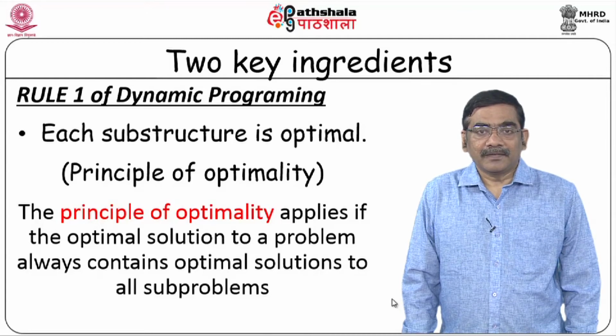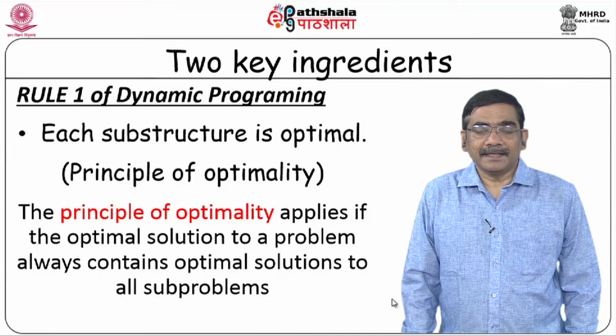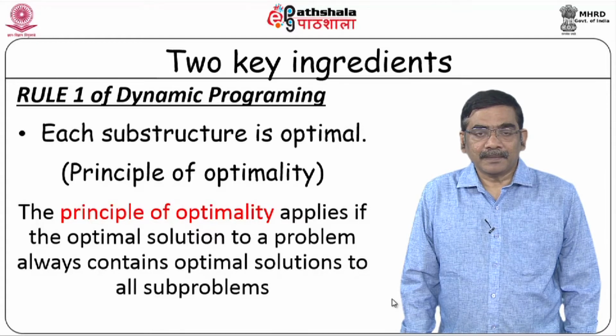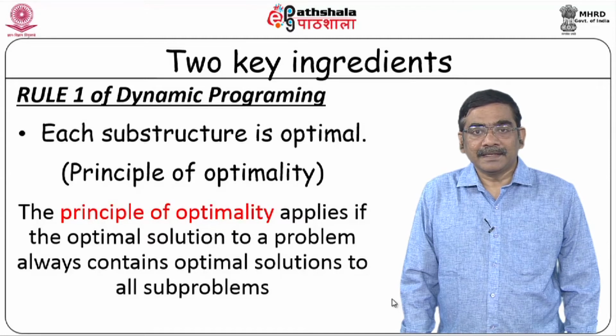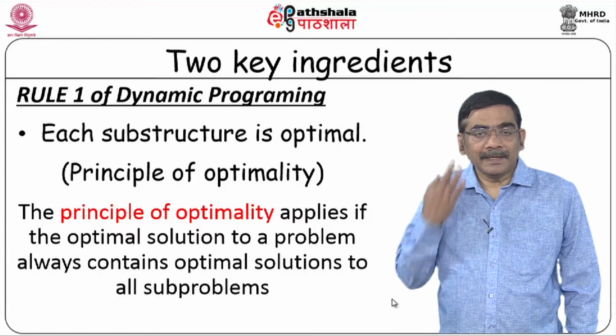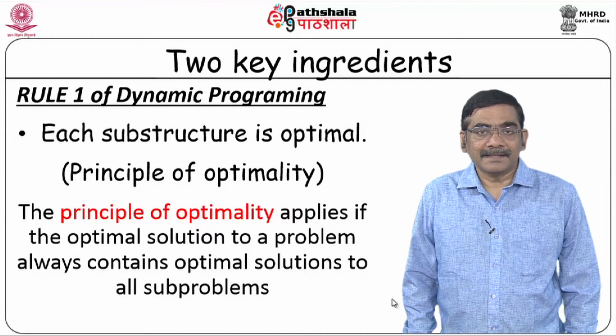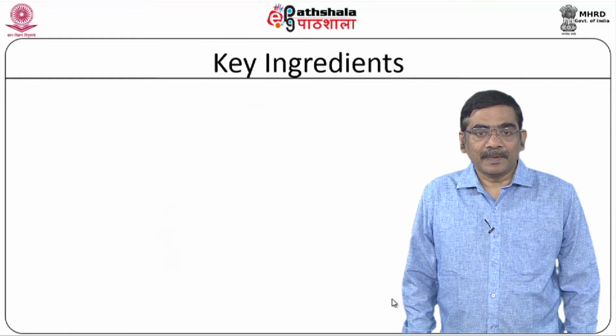What is the implication of this? The implication is like this. Suppose you take a decision that is an optimal decision for solving a particular problem, and if we try to decompose that problem into sub problems, then we can say that the primary optimal solution is applicable for all the associated sub problems. This is what we call the principle of optimality.